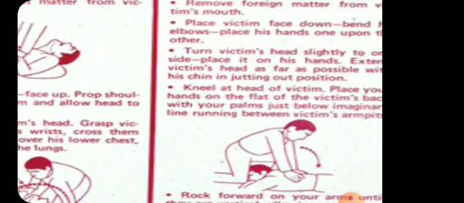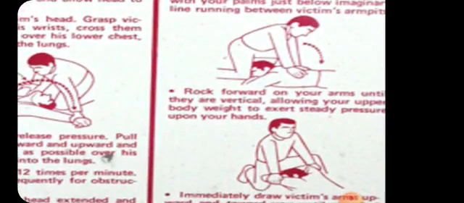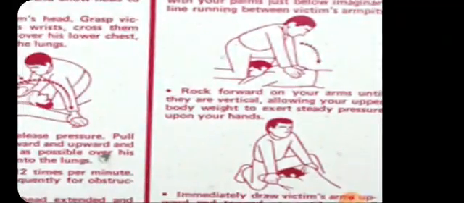Now the operator is going to kneel near the victim's head and place the hands on the flat part of the victim's back, with the palms. Yeah, there is a picture there. Just imagine a line on the victim's back, and the operator should move the hands from the flat part of the back to the armpit of the subject.